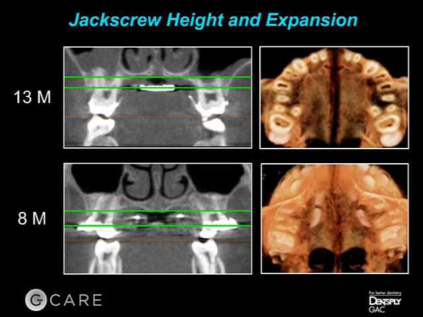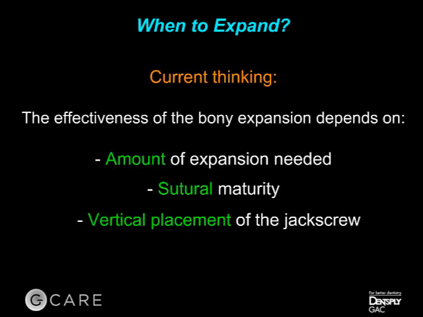And one thing that we're starting to say is that, based on the FEA studies and what we are seeing clinically, maybe the higher you place the screw, the more effective the expansion can be, even on older kids. So that is the third part of the current thinking: vertical placement of the screw as high as possible in the palate can certainly improve the expansion effectiveness.